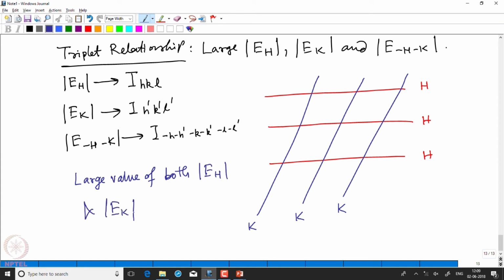So both the planes HKL and H prime K prime L prime have large electron densities. So that means when these two sets of planes intersect the way I have drawn here, the points of intersection are the points where the electron density should be the maximum.